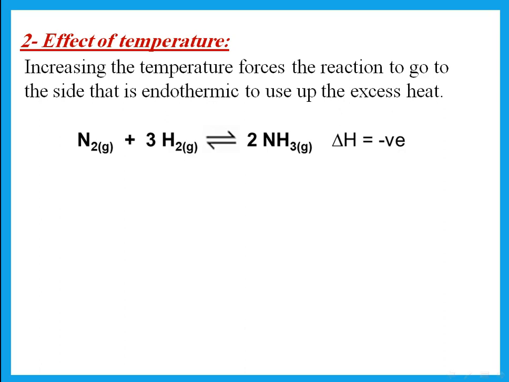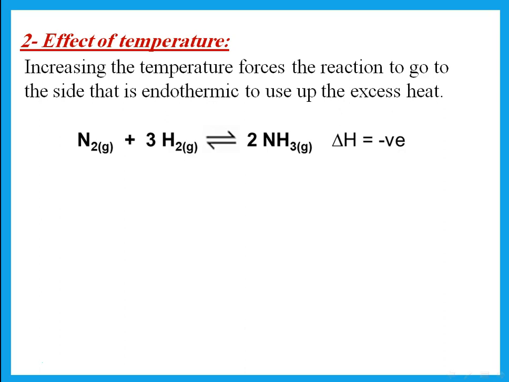Again, another condition I can change is the temperature. What happens if I increase the temperature of any reversible reaction? Well, we said if we're increasing the pressure, we look at which side has less molecules. But if we're increasing the temperature, then we look at which side is exothermic and which side is endothermic. Do you remember that?